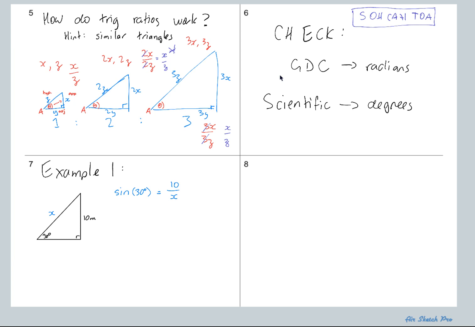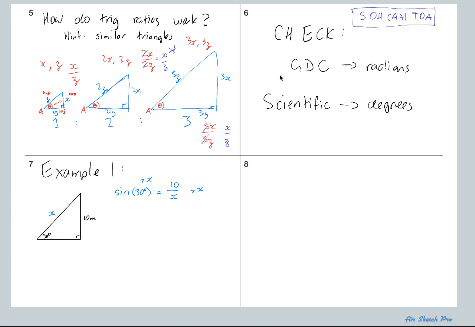Now, we just need to do some basic algebra manipulation to get x by itself on one side and a whole bunch of numbers on the other. Personally, I keep sine 30 like that. I don't calculate it, because as soon as I turn it into a number, sometimes that will make it an approximation. So if I leave it to the end, it's a little bit better. Now you can do this in one step. I'm going to do it in two, just so you've got it there.